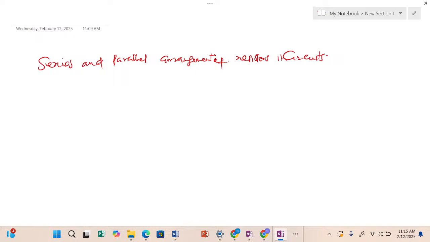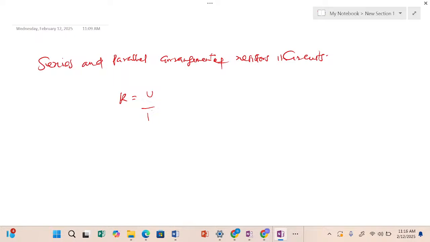But then when we talk about resistors, resistors are elements in electrical circuits which present opposition to current flow in the circuit, right? And you know that R is equal to V over I, right? So that's just the basic.